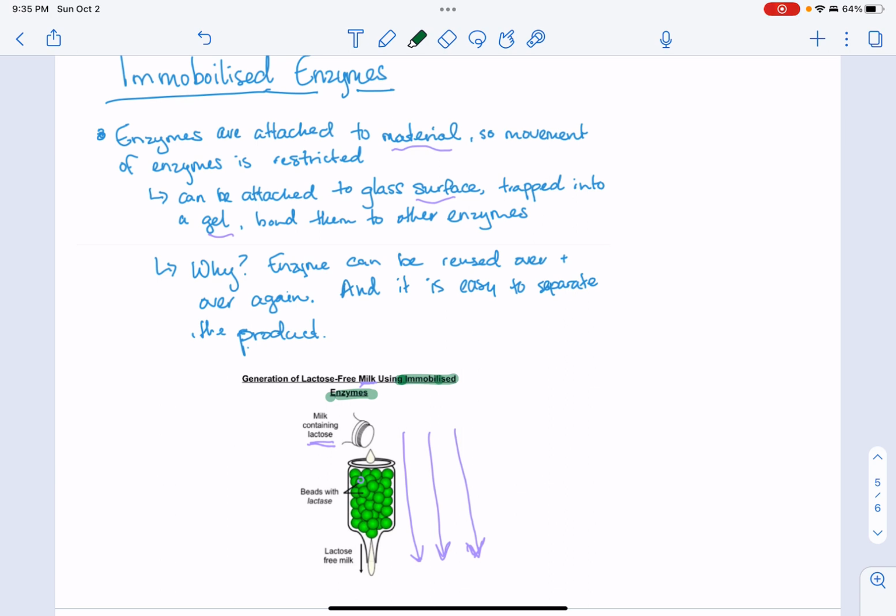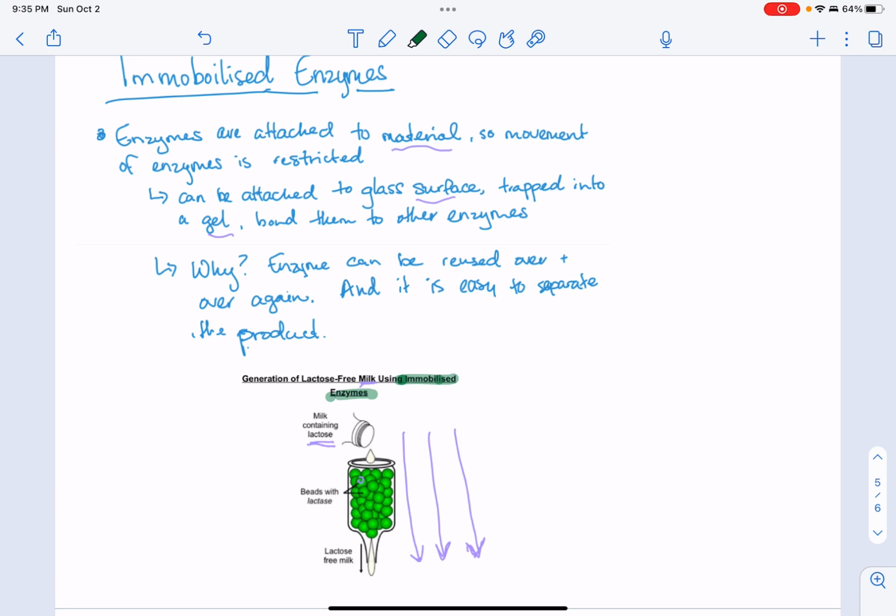Immobilized enzymes are enzymes that are attached to a material so that the movement of enzymes is restricted. The enzymes can be attached to a glass surface, they can be trapped in a gel, or they can be bonded to other enzymes.